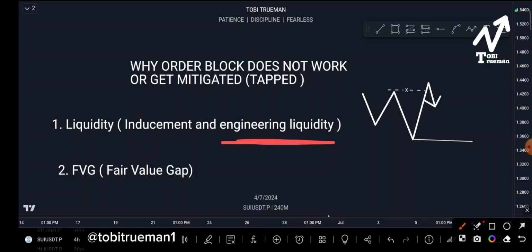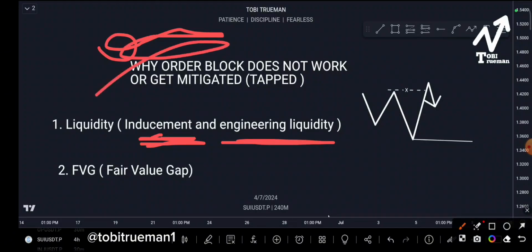So if price takes inducement, when price is making those pullbacks, after price starts taking inducement, sometimes people want price to come to the order block, but price will not come to that block. Price will just continue to sell or continue to buy based on the trend.